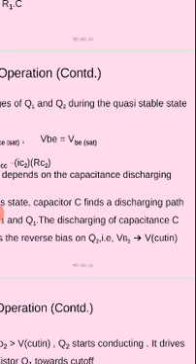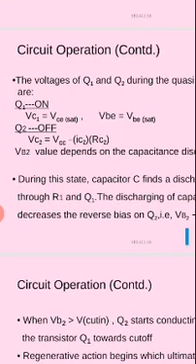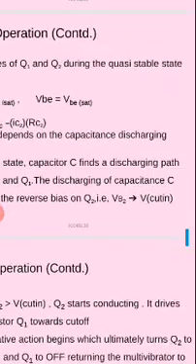The discharging of capacitance C decreases the reverse bias on Q2, that is VB2, towards V cut in.